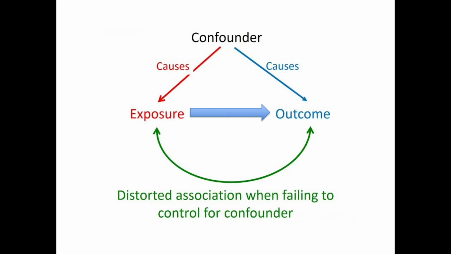But after we account for the confounders in the analysis, we see eventually that the apparent association initially observed between the exposure and outcome is now absent, which tells us that what we thought was the relationship between the exposure and outcome is more the effect that the confounder has on the exposure and at the same time on the outcome.